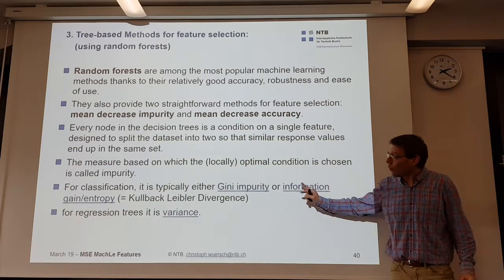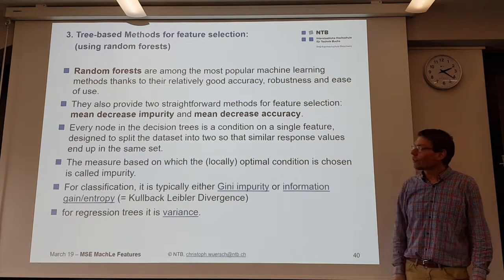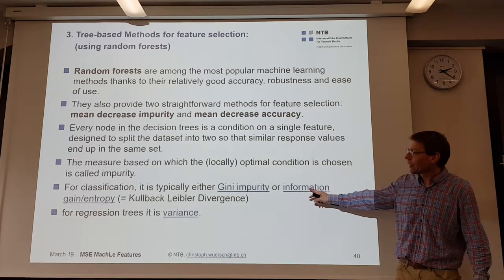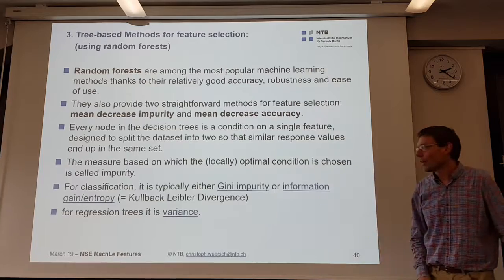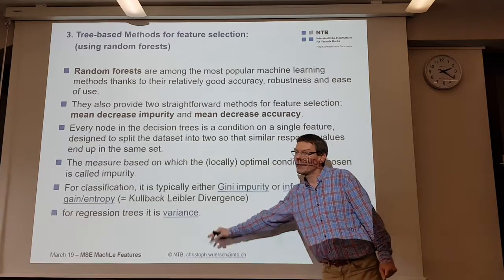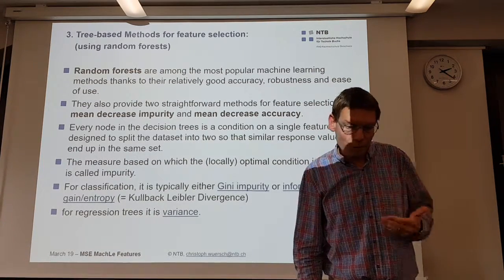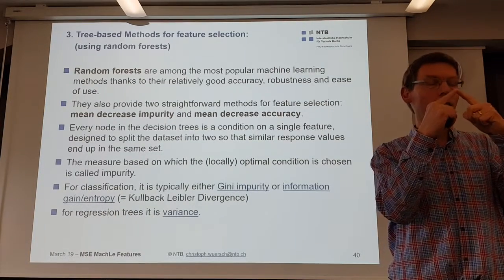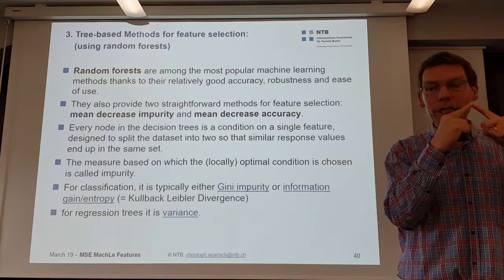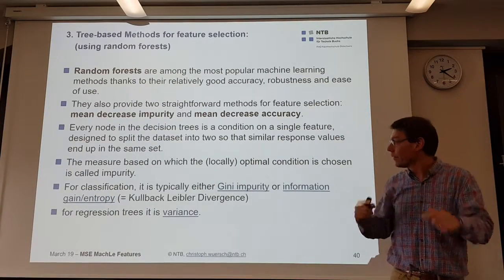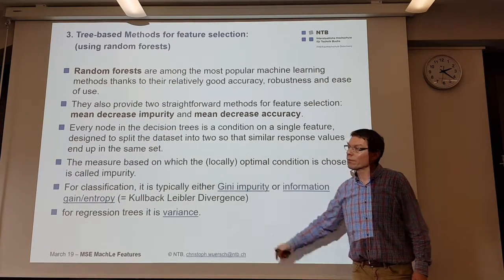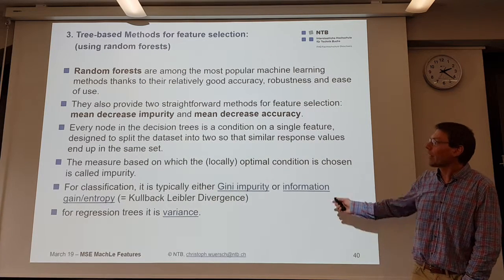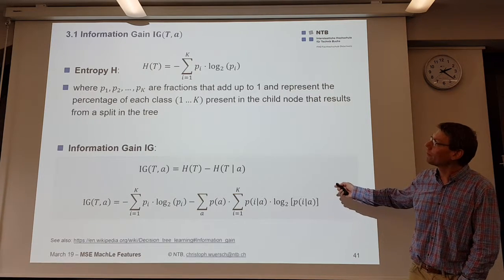Normally three measures are used: the Gini impurity, information gain, these two. For a regression tree, it's variance that is the decisive criterion on one of the branches or switches in a tree, the splits, to decide which feature is used best here to make the splits. We'll calculate it for one feature.